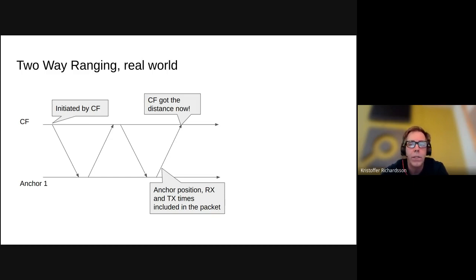You can even fly outside of the space that is covered by the anchors, and that still works very well. But again, the drawback is that it only supports one Crazyflie.